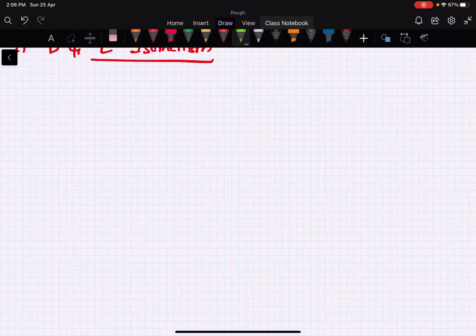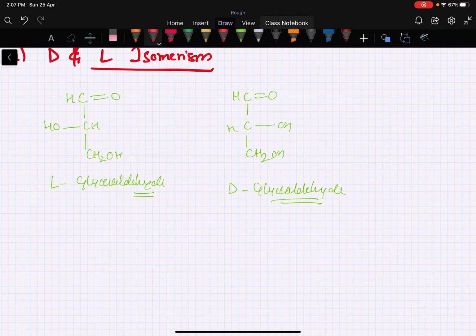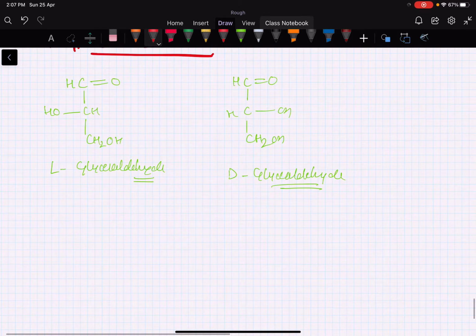Here we have L-glyceraldehyde, and here we will have D-glyceraldehyde, right? Now below them I'm going to draw L-glucose and D-glucose.